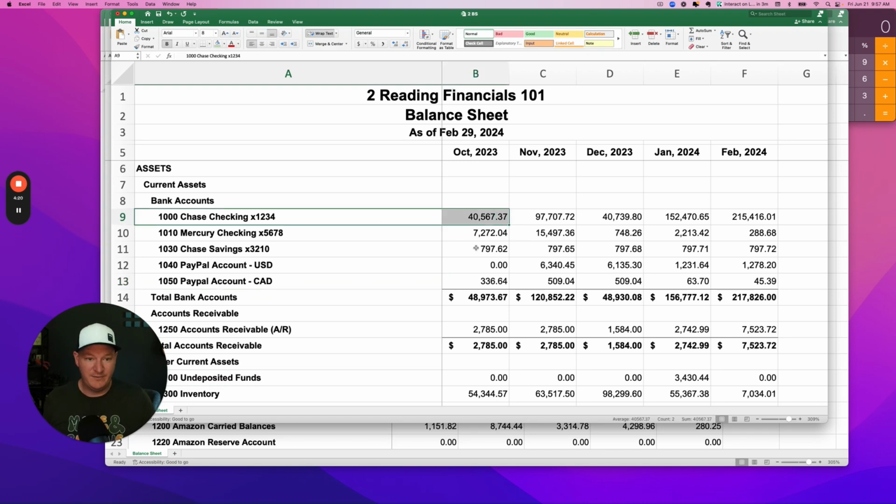For the one on the screen here, we should be able to go to October of 2023, pull that October 31st bank statement, look at that Chase account, and have it be this exact amount. There are some accounts that are hard to fully reconcile, but all of your bank accounts, generally speaking, all of your loans, and then within some degree of error, your inventory can be reconciled, and they have to be.